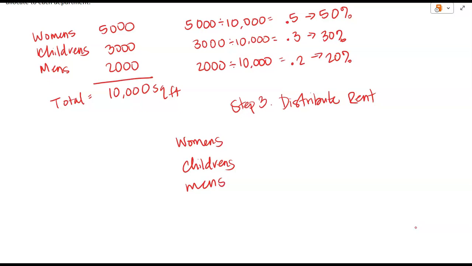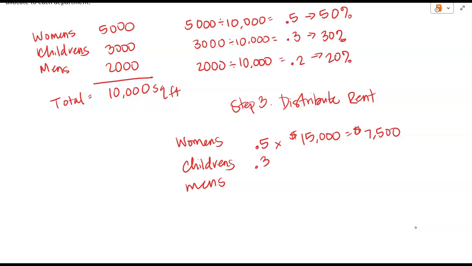So to calculate our women's, I'm going to use these decimals. 0.5 times the total rent, which was $15,000, gives me $7,500.